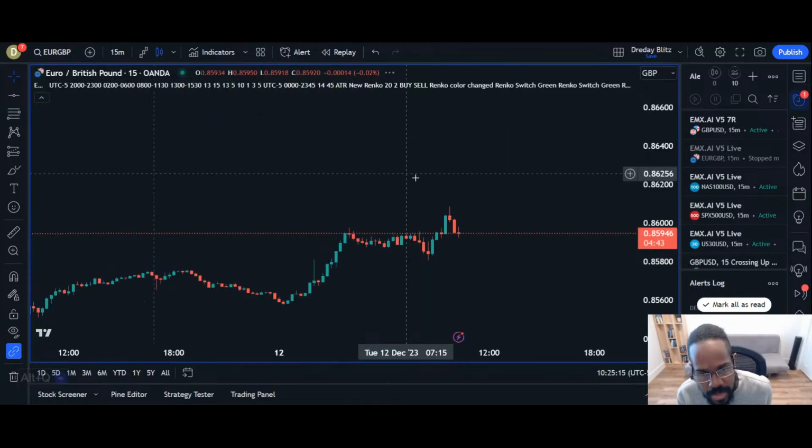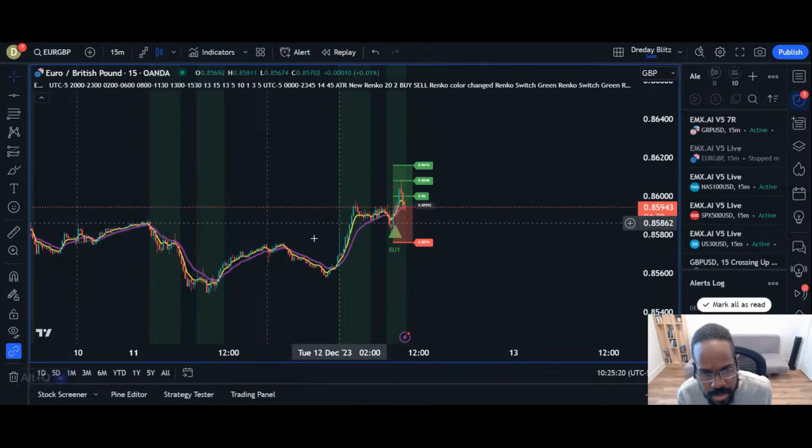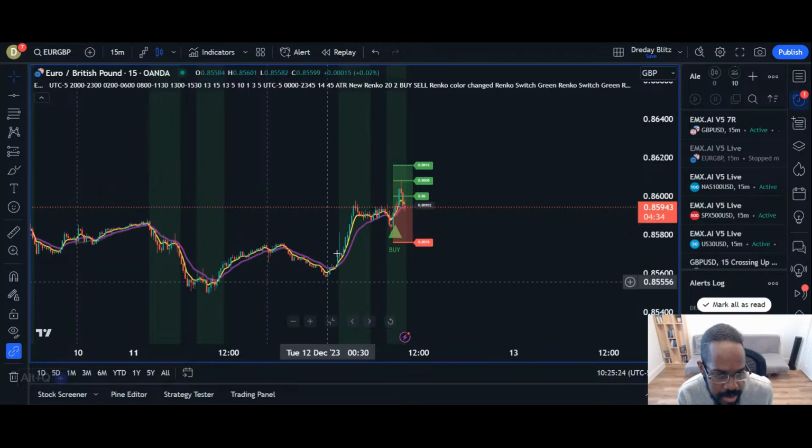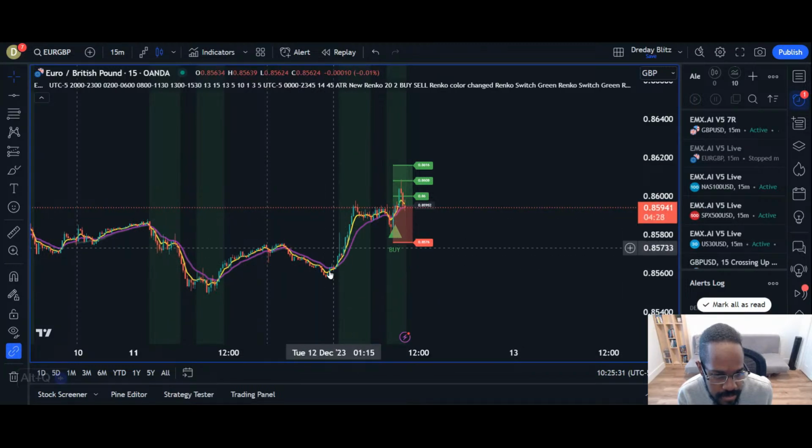So if we look at the 50-minute candle, we did a push up here. But as you can see, there's a gap here in the market. I'm pretty sure if you have a fair value gap instrument or anything like that, you should see some fair value gap right here.